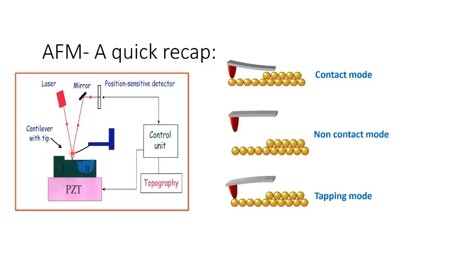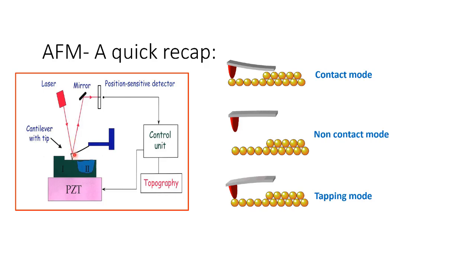On top of the cantilever we have a very smooth, mirror-like surface, and the laser falls on it and goes to the mirror. Here we have a position sensitive detector, which detects the position of the cantilever.